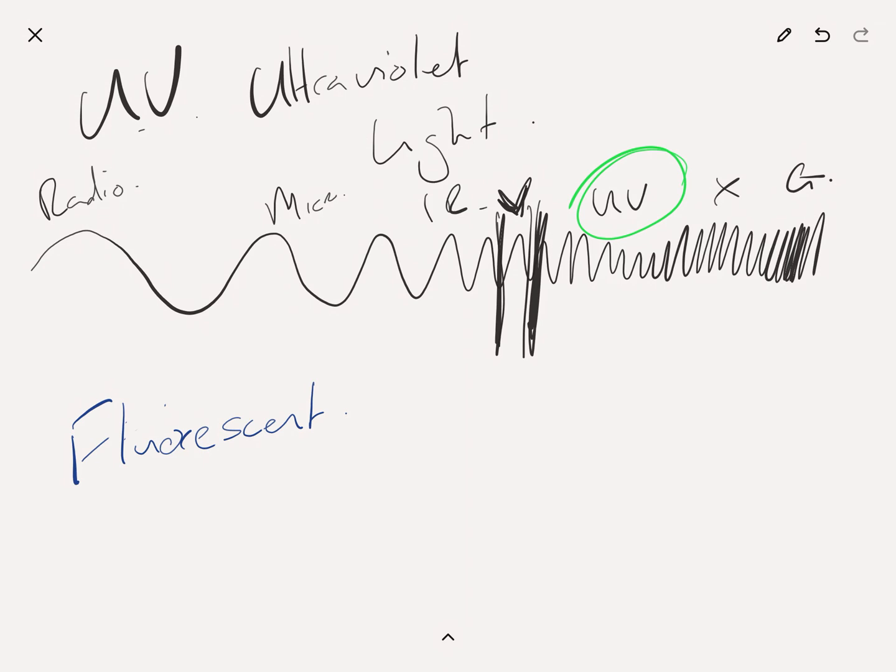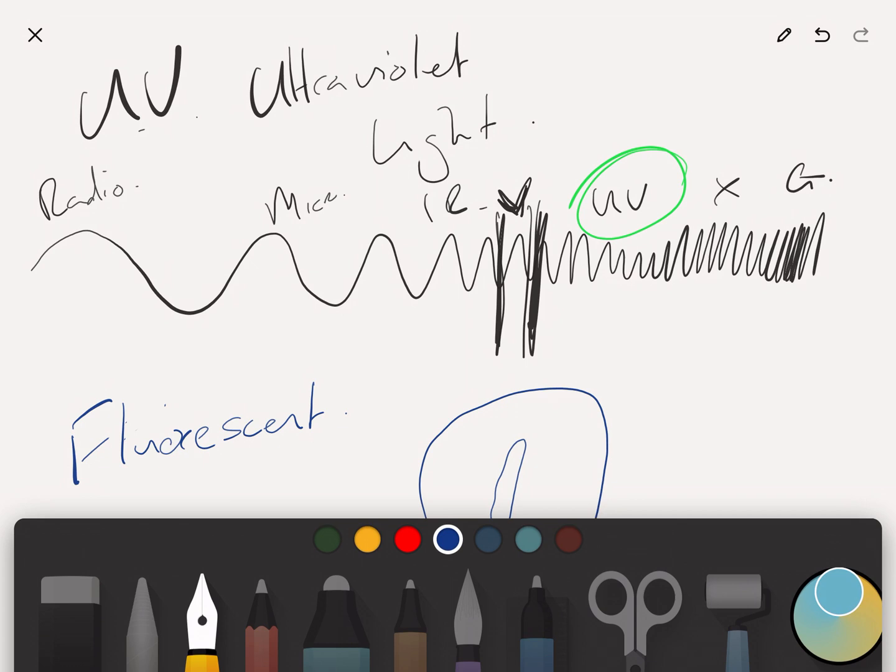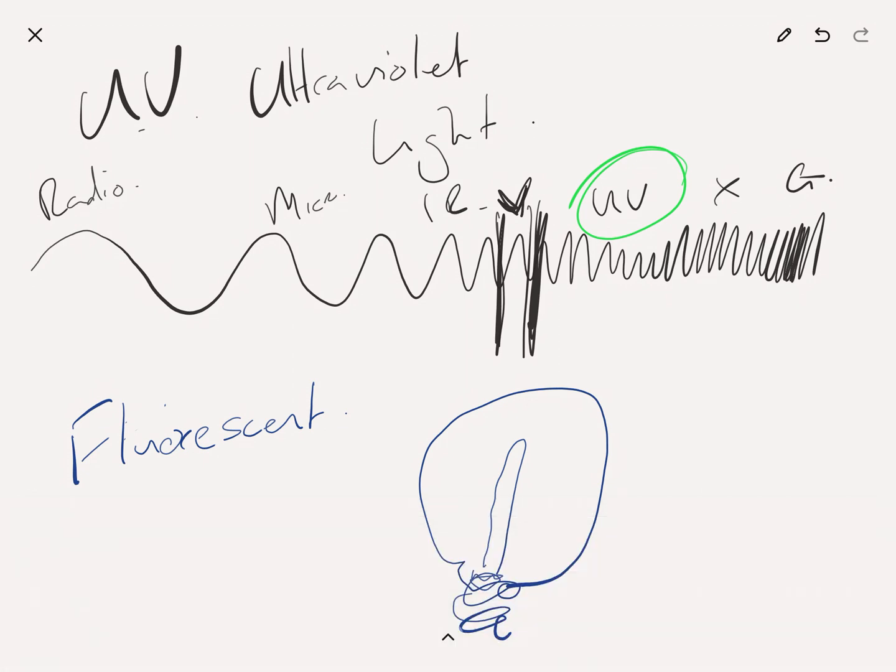Now, if we have a quick look at how these fluorescent bulbs work, let's say we get a light bulb here. There's my light bulb, and inside is something that emits not visible light this time, but ultraviolet. It is going to emit ultraviolet light out to the edge of the bulb.